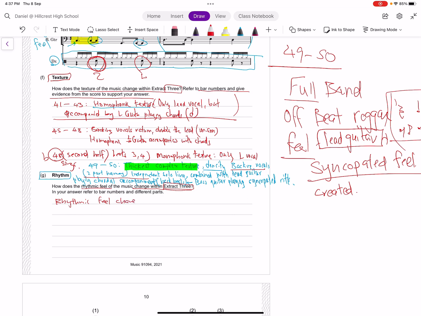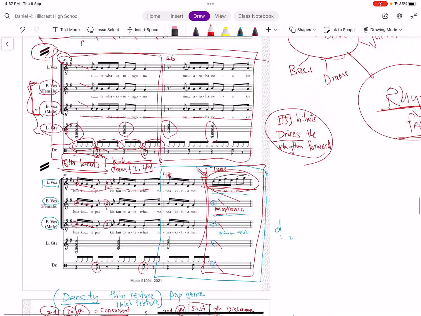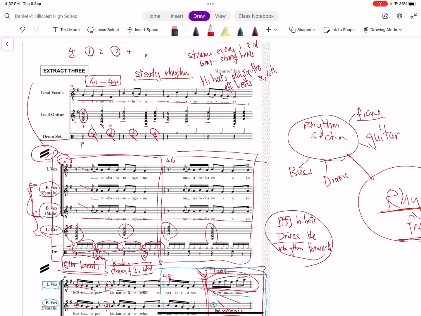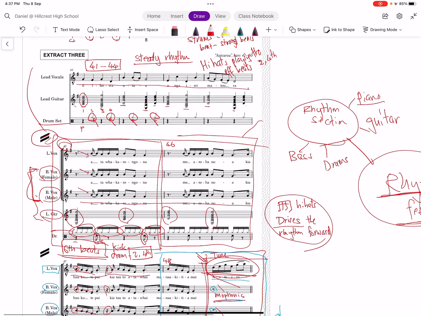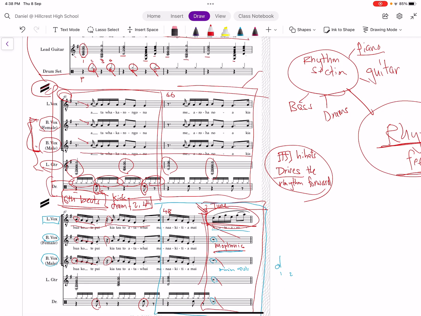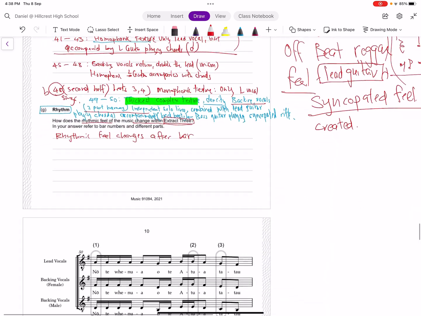changes after bar, I think it gradually changes. So from bar 41, 42, 44, bar 44, addition of those 16 beats, yeah?